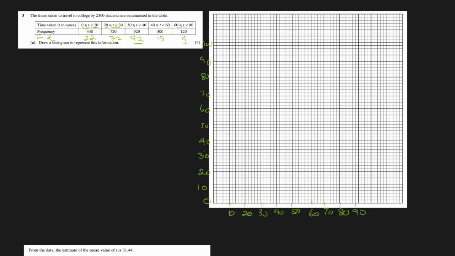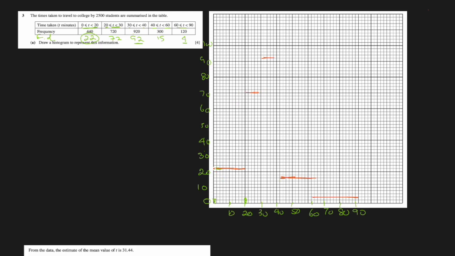Now from 0 to 20, from 0 here till 20 here, we will draw a column with 22 frequency density. So 22 is somewhere here, so this will be the height. Okay, next is 72, 72 from 20 to 30. And this is how I will continue this.